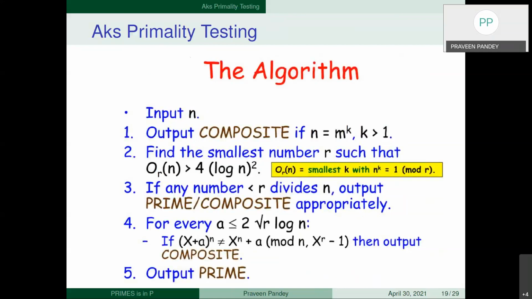So we find that value of r, and if any number less than r divides n, we output it directly as composite or prime. Then in the last step, for every a less than or equal to 2 times root r log n, we check whether (x plus a) raised to the power n is not equal to x raised to the power n plus a mod (n, x raised to the power r minus 1). If so, we output composite. We'll look at this with an example also. So let's look further.